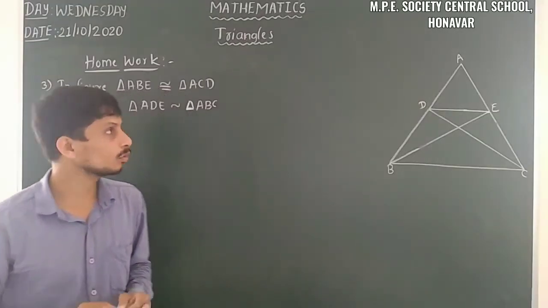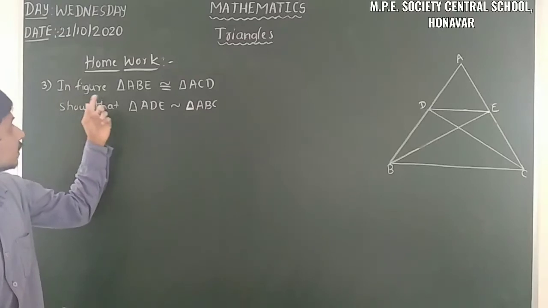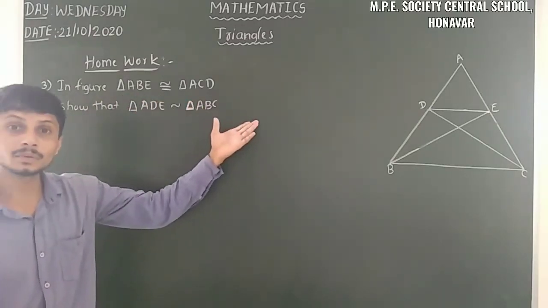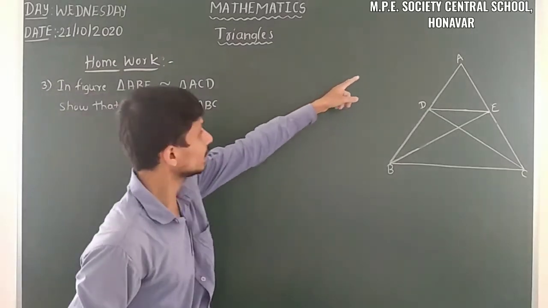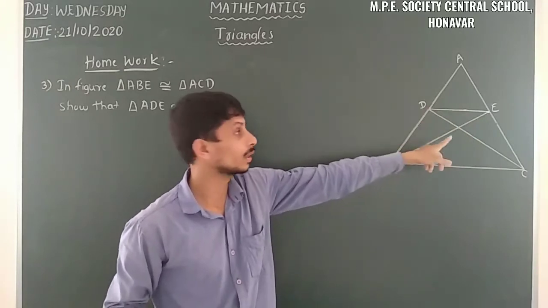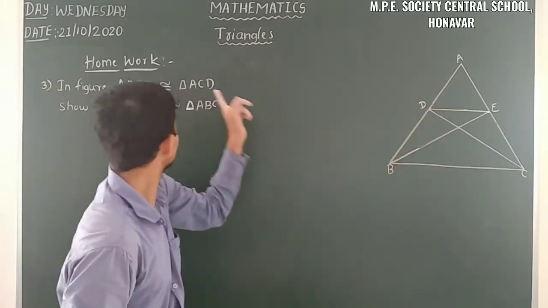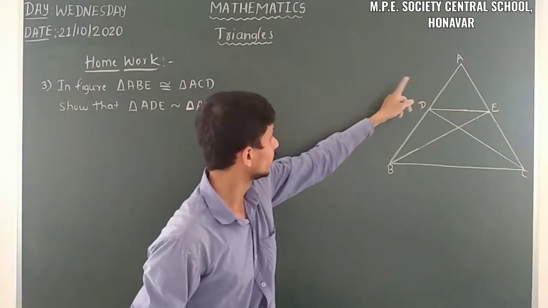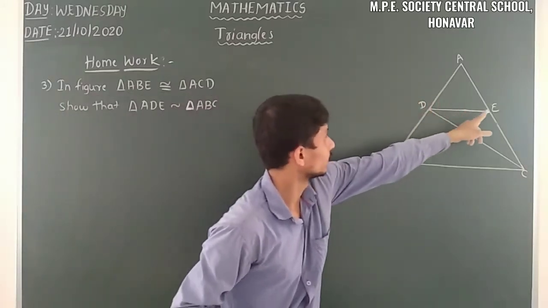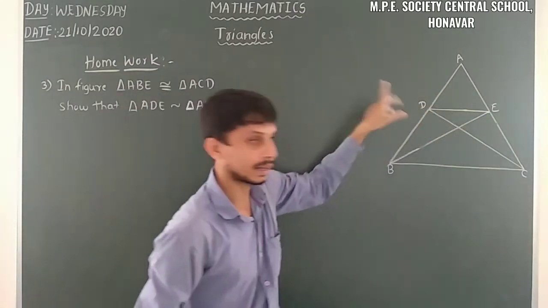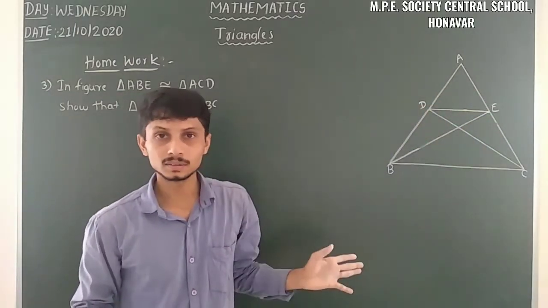Let us take one homework here. In the figure, triangle ABE is congruent to triangle ACD. That means it is given that triangle ABE and triangle ACD are congruent.